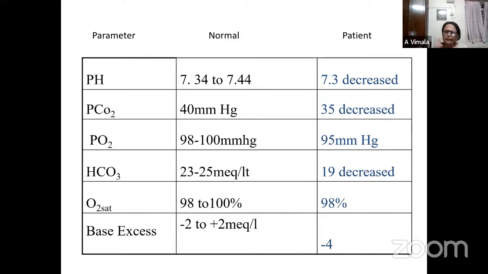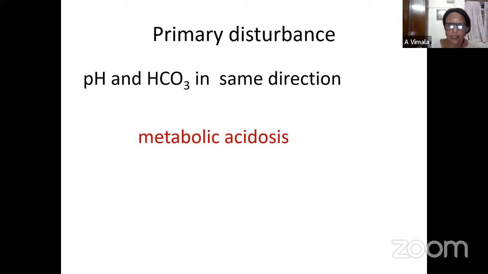So the PCO2 is as expected for that drop in bicarbonate, thereby suggesting it is a simple metabolic acidosis. To recapitulate, when the pH and bicarbonate move in the same direction, the primary process is metabolic. The simple formula to find compensation is to add 15 to bicarbonate. If the expected value and the derived value are the same, it is a simple metabolic acidosis.